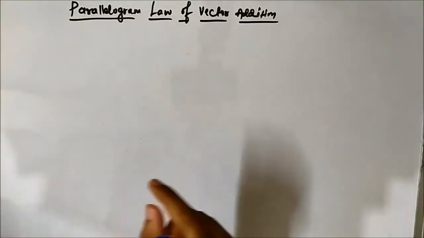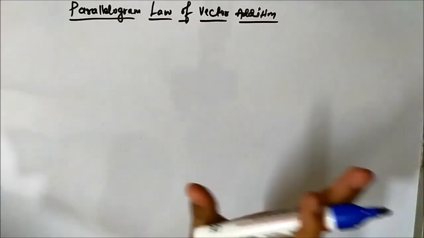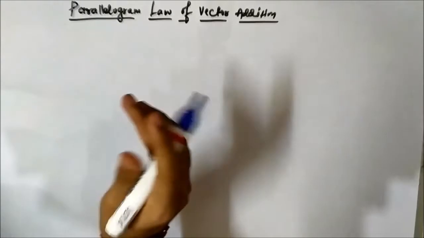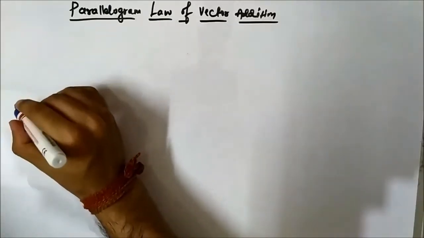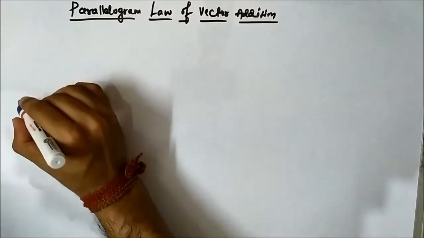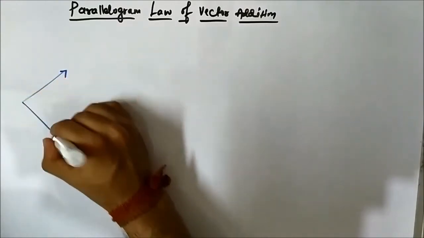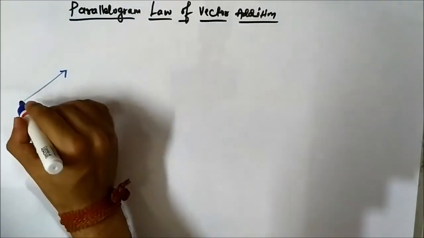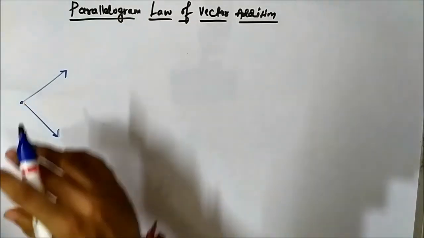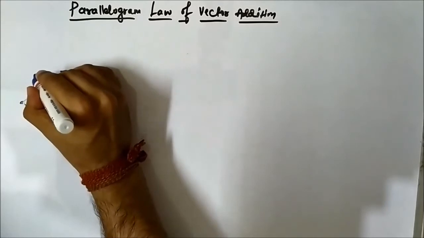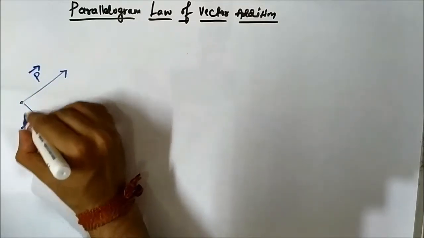In order to understand the parallelogram law of vector addition in a better way, let us discuss some examples. Let us say we have two forces, or two vector quantities, acting at a certain point. This is one, this is the other, at this point. In order to find the resultant, we'll shift this vector. Let's name it P vector and this Q vector.